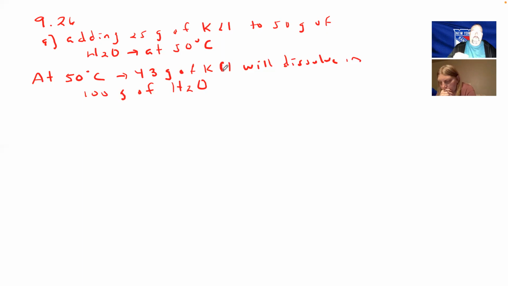But once you go above 43, like 43.01, 43.02, anything in excess will not dissolve in the water, because that 43 is exactly when the solution becomes saturated. You have the maximum amount of solute that can dissolve in that specific amount of solvent. Now, the trick to this question is that they don't give us 100 grams of water, they give us only 50 grams of water.